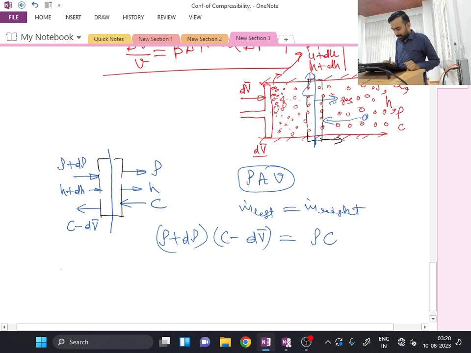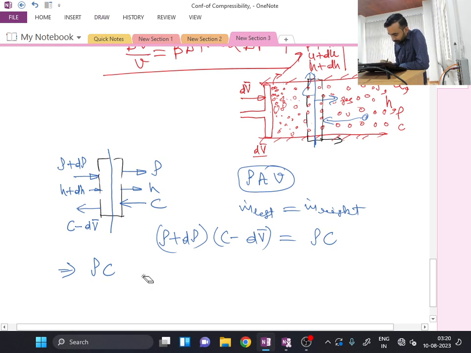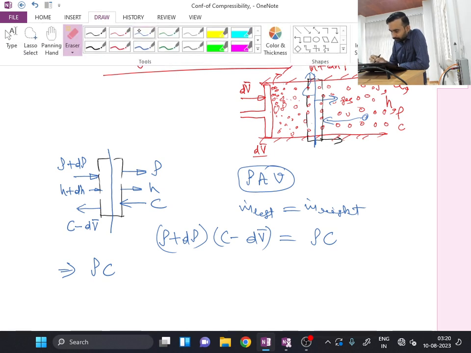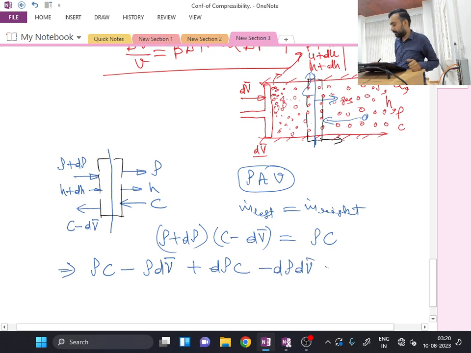So now you try to simplify this equation. What will you get? rho c minus rho dV bar plus d rho c minus d rho dV bar equal to rho c.